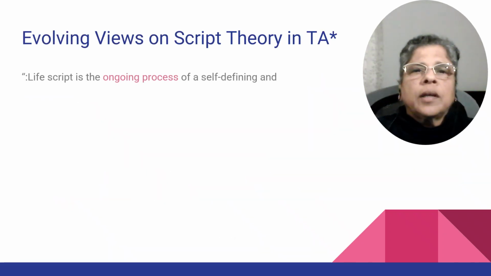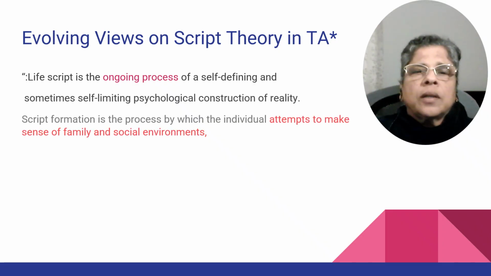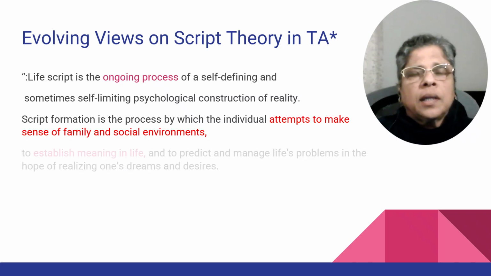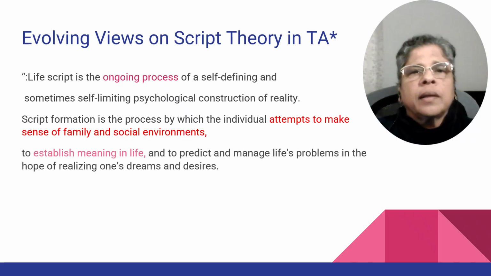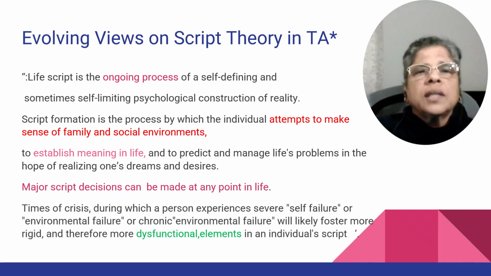This is a very comprehensive, consolidated view of present concept about TA theory as described by Bill Cornell. I've given you the reference in the coming slide. So here we can see that life script is described as an ongoing process. And script formation is the process in which the individual attempts to make sense of his experiences.